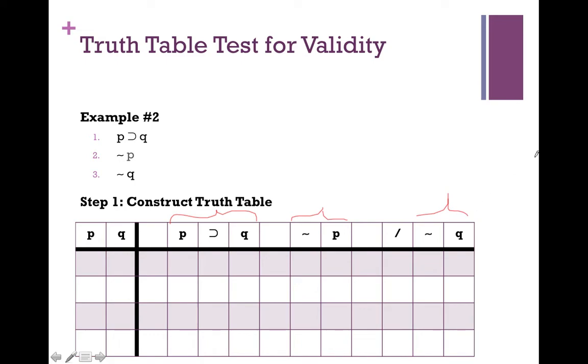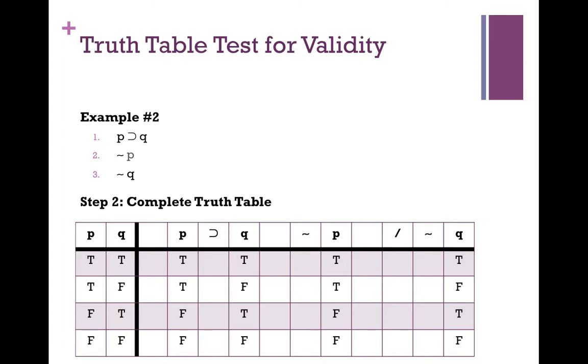Then we come to step number 2, which is that we complete the truth table. And what we do here is we just fill in the truth values just like we've done in the past. So I'm going to go ahead and put in the truth values for all of our atomic propositions. Then we're going to fill in the truth values for the connectives. And we're going to do that the same way we've done so far.